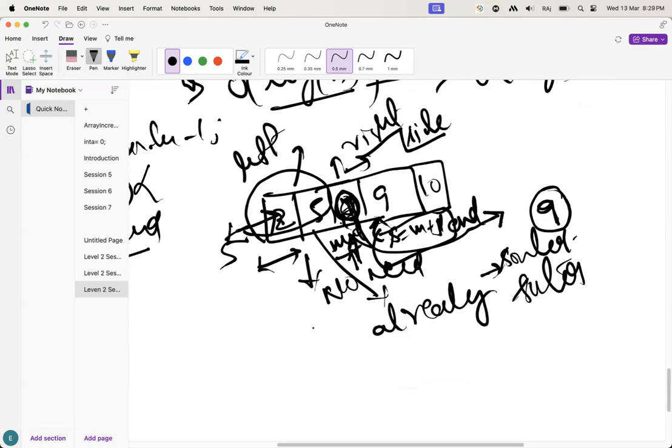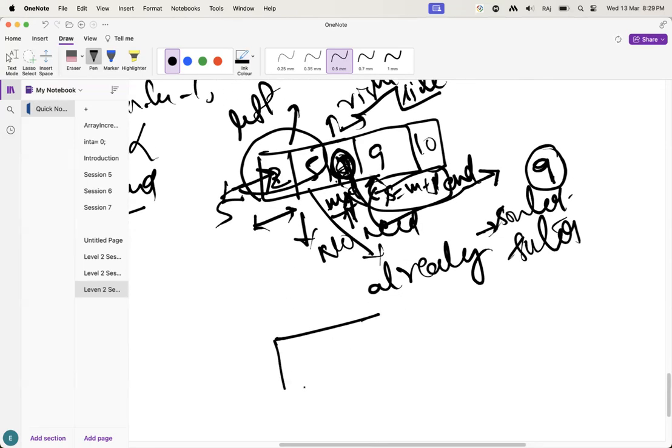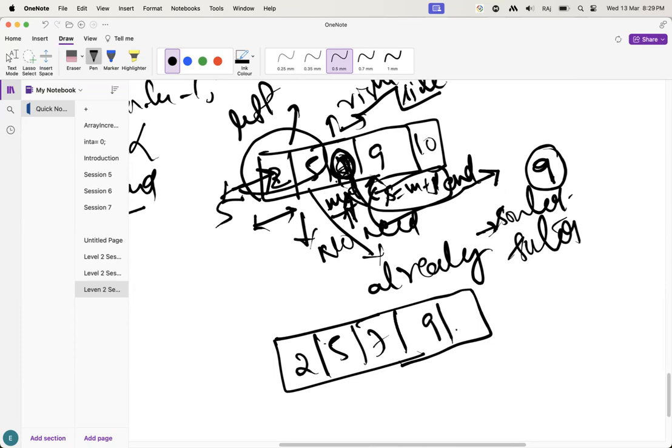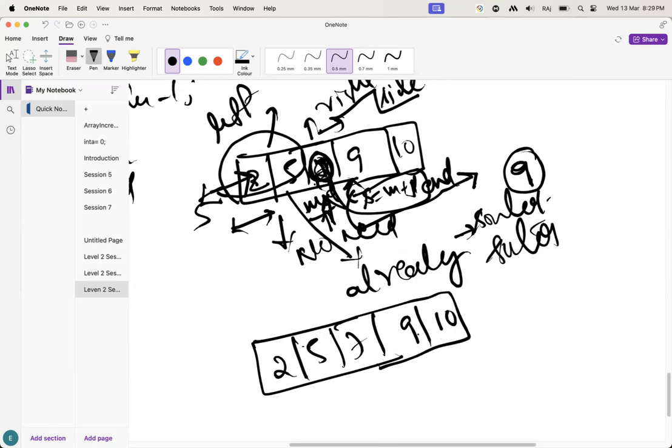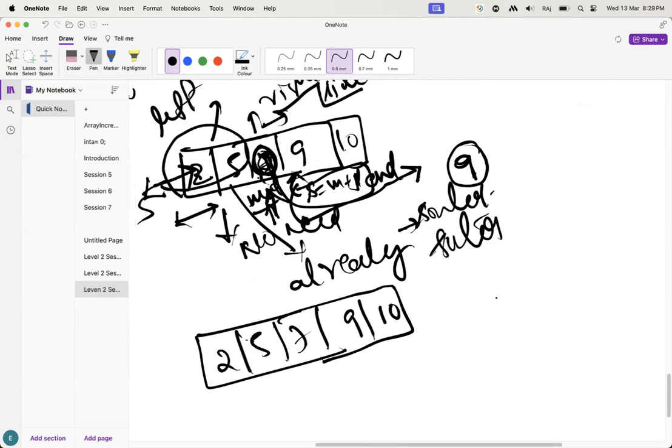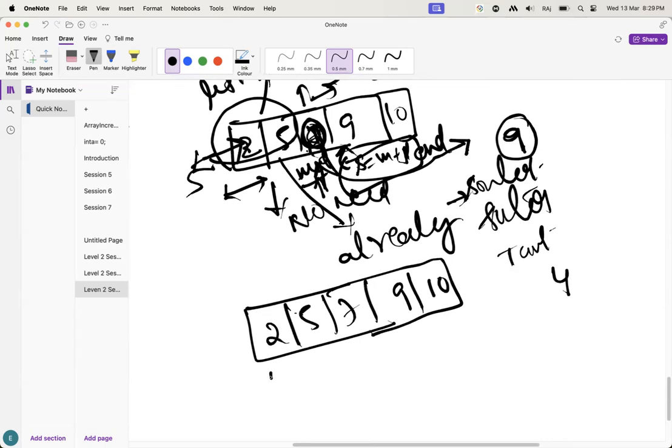Okay, guys. I will give you another example. Let's suppose 2, 5, 7, 9, 10. I want to find the element 4. This is my target now. Start is here, end is here. Right, guys? We find the middle element and check the middle element with the target value. Guys, what will happen?